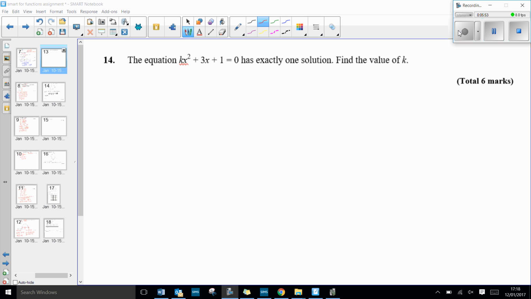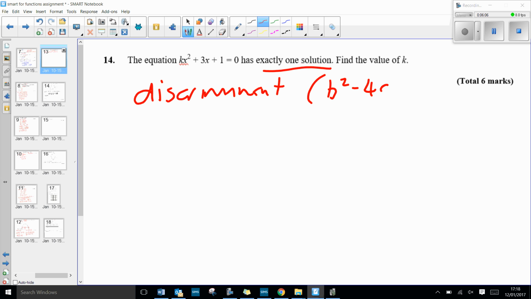Okay, next one. If it has exactly one solution, it means that the discriminant, or b squared minus 4ac, has to be equal to 0. So we need to identify the discriminants. So a is k, b is 3, and c is 1.